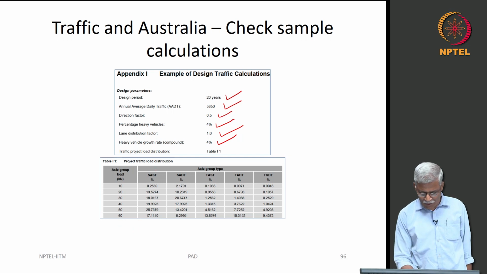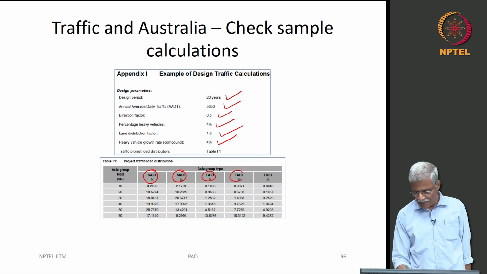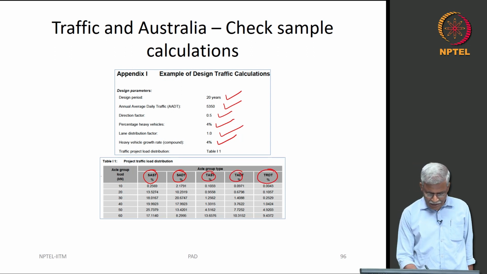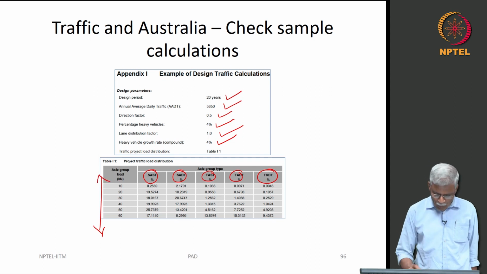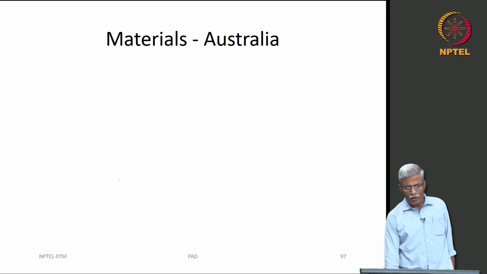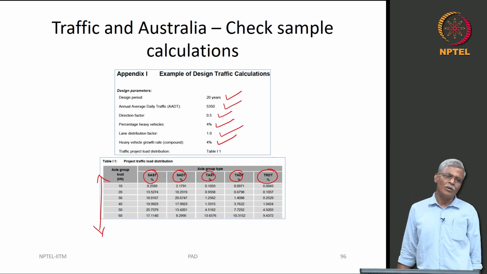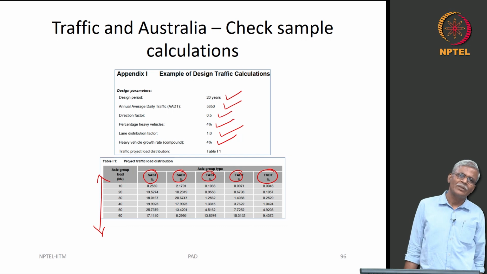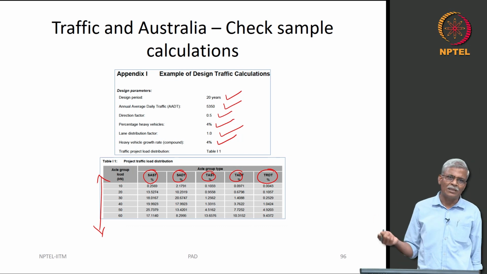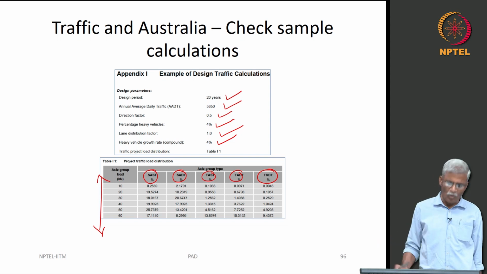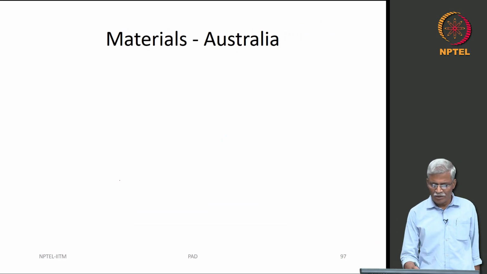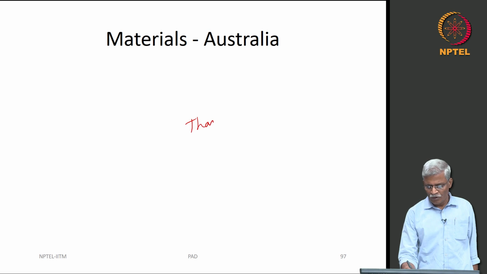In fact, this is what you are really talking about, SADT, TAST, TADT, TRDT, and the axle load group is given here. Okay. So, what I would request all of you is to go to this particular appendix, try and see whether you can do the calculations. Okay. So, in the next lecture what we will do is to talk about materials. Thank you.